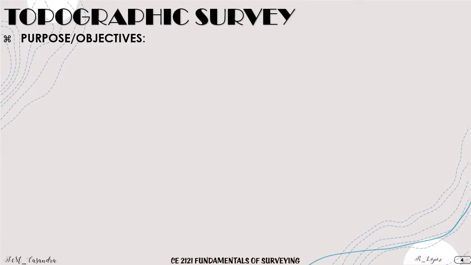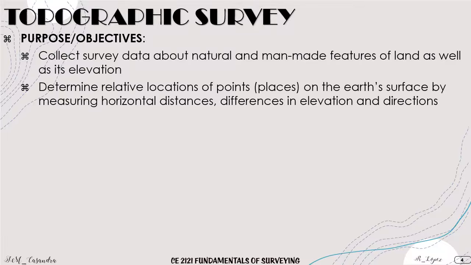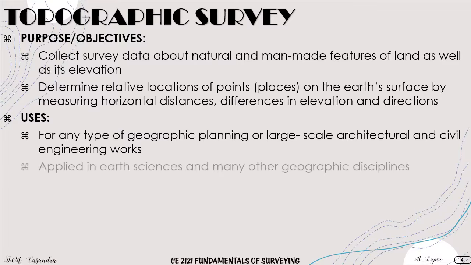The purpose or objectives of a topographic survey would include to collect survey data about natural and man-made features of land, as well as its elevation. Also, to determine relative location of points or places on Earth's surface by measuring its horizontal distances, difference in elevation, and directions. The uses of topographic surveys would include any type of geographic planning or large-scale architectural and civil engineering works.